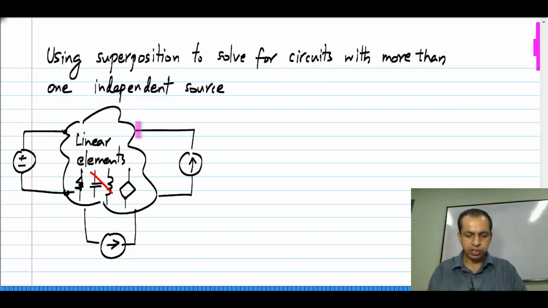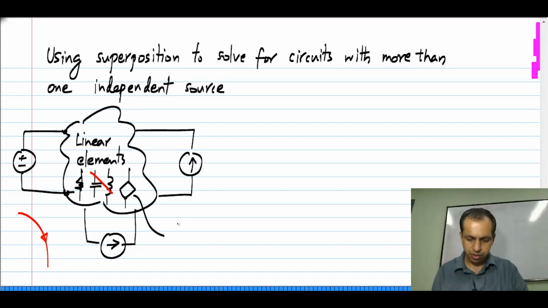Everything is enclosed in this except for independent sources, and of course, the condition is also that for these linear controlled sources, the controlling quantity is within the circuit. This controlling quantity could be dependent on some voltage within the circuit or some current within the circuit. So, we can't define, let us say, some other current flowing elsewhere outside the circuit and make this controlled source dependent on that.